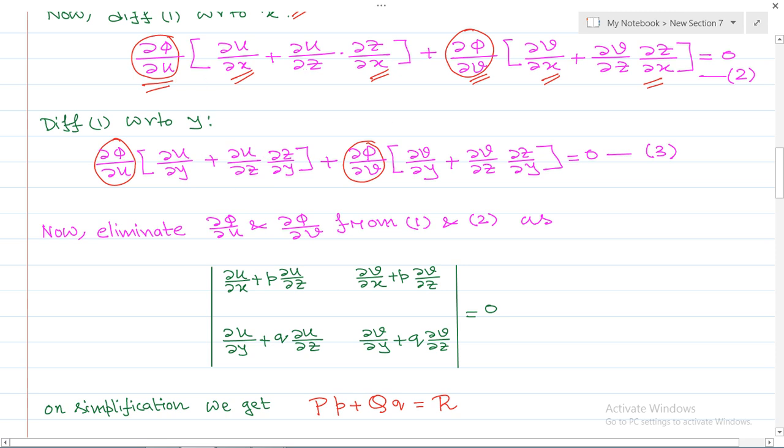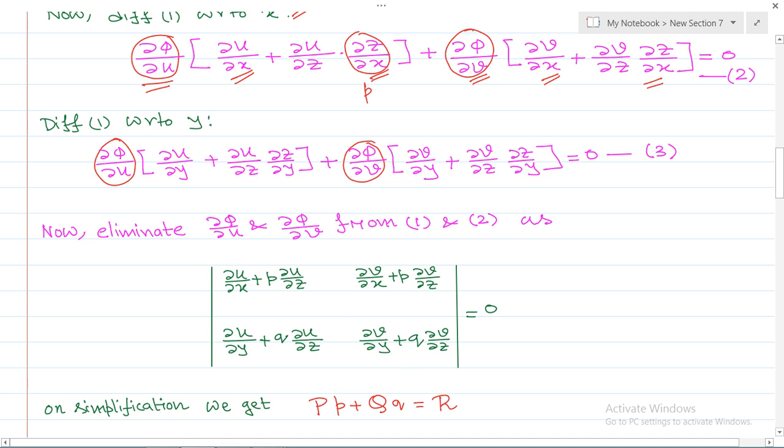So the coefficient of del phi del u in equation number 2 is del u del x plus p del u del z. Why am I writing p here? P represents del z del x. Last class I have already mentioned this. Similarly, del v del x plus p del v del z is the coefficient of del phi del v. Similarly, the coefficients of del phi del u with respect to y and del phi del v with respect to y we have written here.